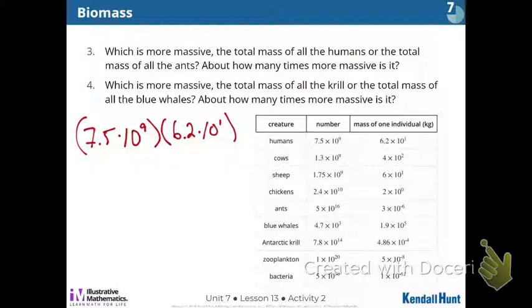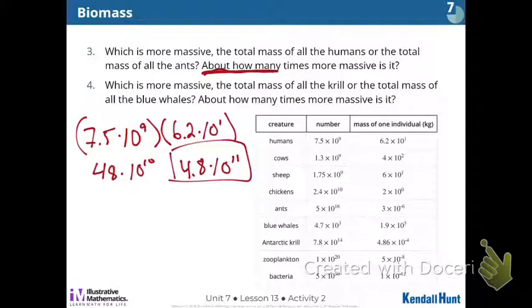I'm going to do 8 times 6, which is about 48 times 10 to the 10th, which is 4.8 times 10 to the 11th. I did 8 because I rounded up, and the 6 is 6.2. So this was the mass of the people.